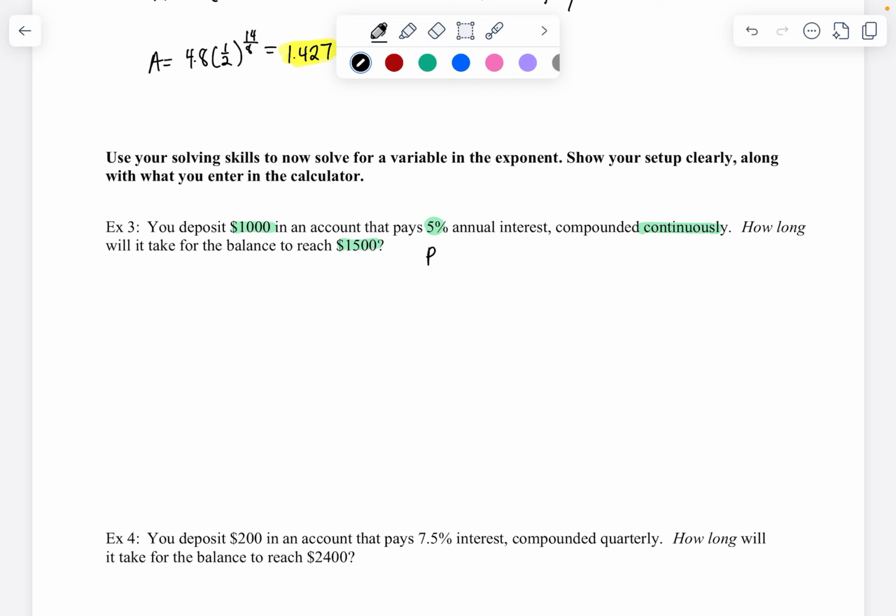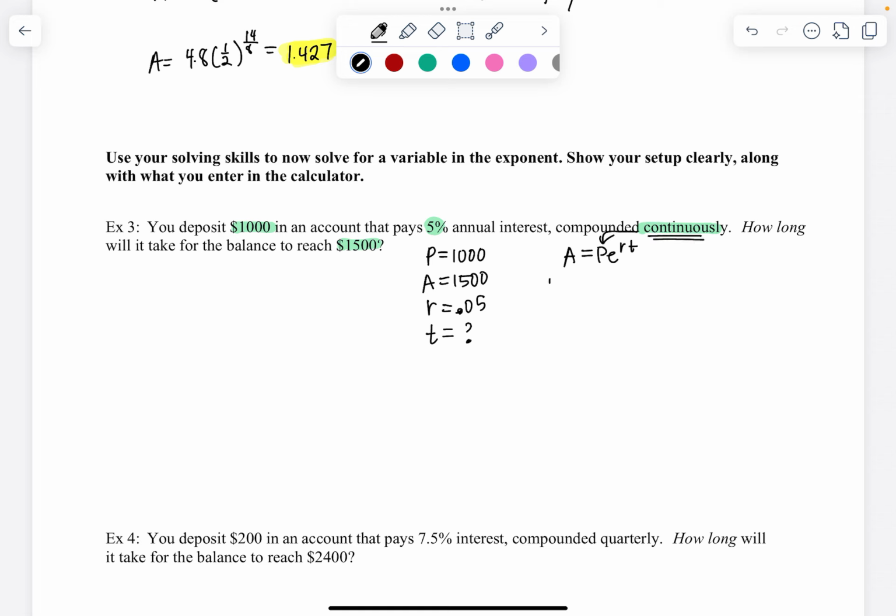Okay, and so we know our P is 1,000. We know A is 1,500. We know R is 0.05. And then we don't know T. But we do know we're using the PERT formula because it said continuously.